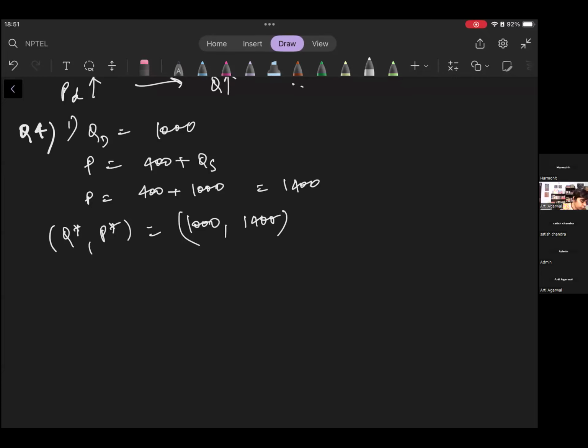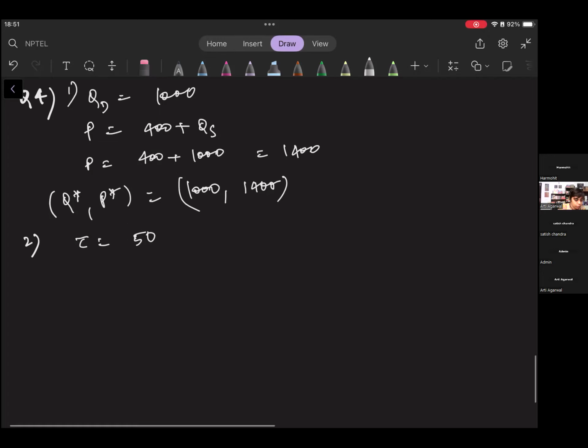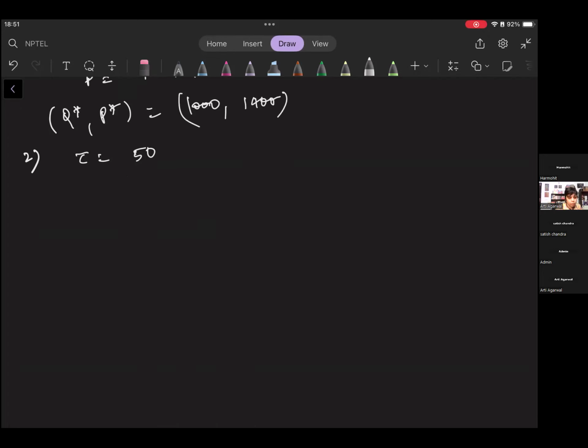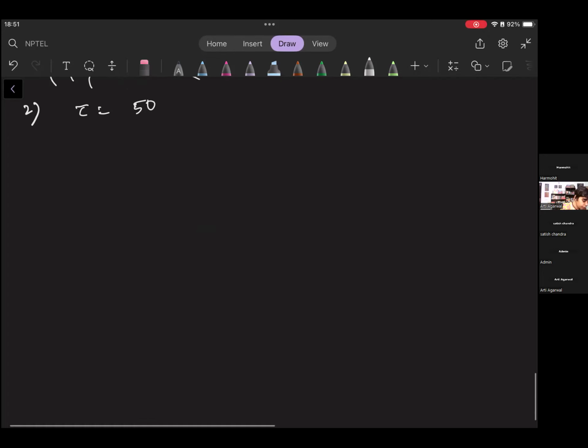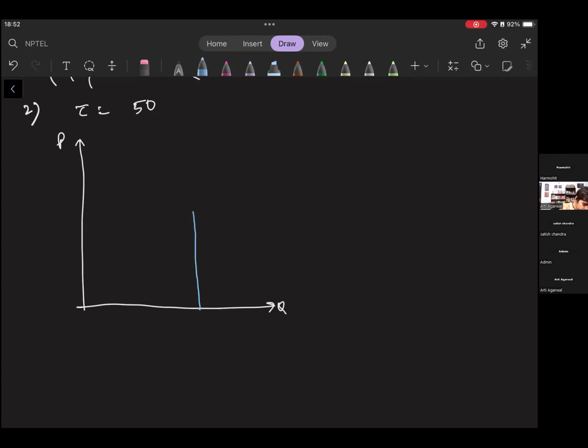Next part, you have tau equal to 50. So let's first look at what the curve is going to look like. This is the axis, Q and P. Suppose this is your demand.